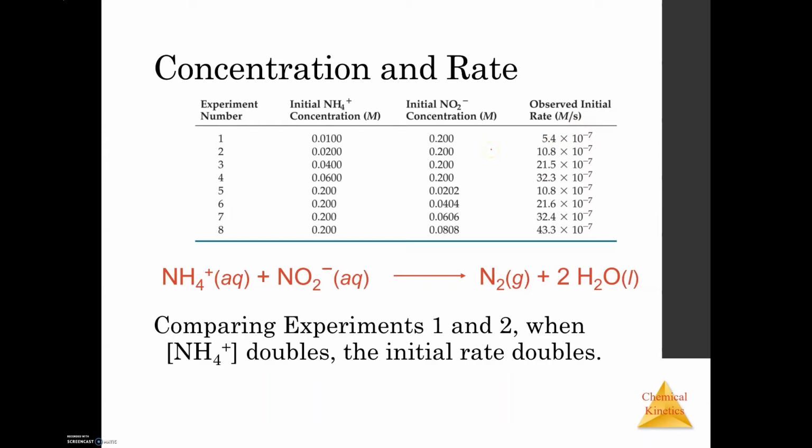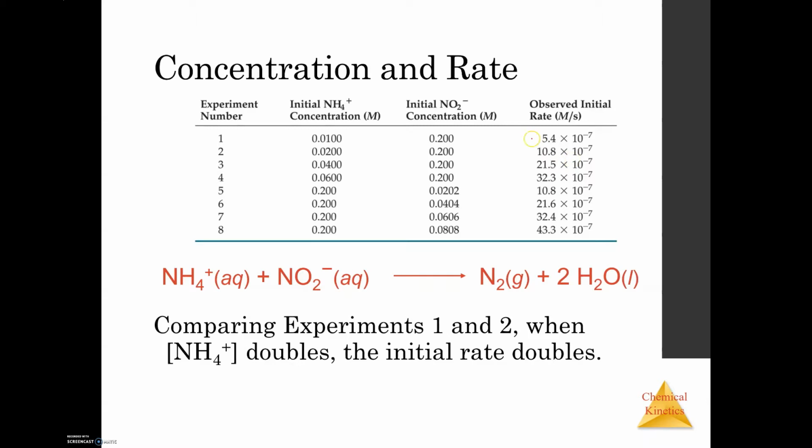Now, when you go to experiment 2, what you're going to see is that the concentration of the ammonium goes from 0.01 to 0.02, and the concentration of the NO2- stays the same at 0.2. Now, what happens to the rate with that change in the concentration of NH4+? It goes from 5.4 to 10.8 times 10 to the minus 7.